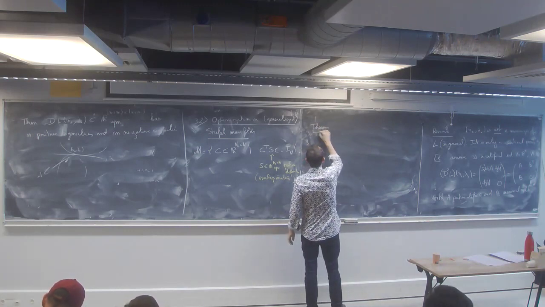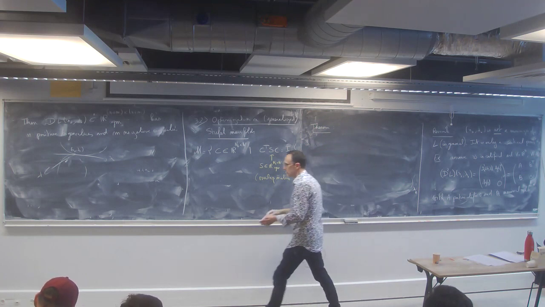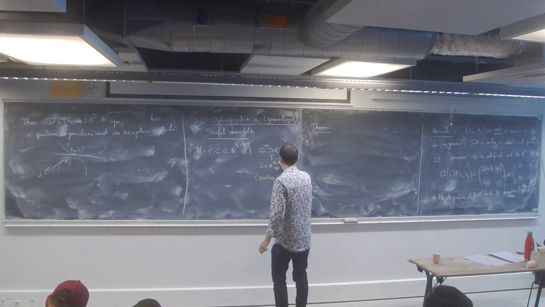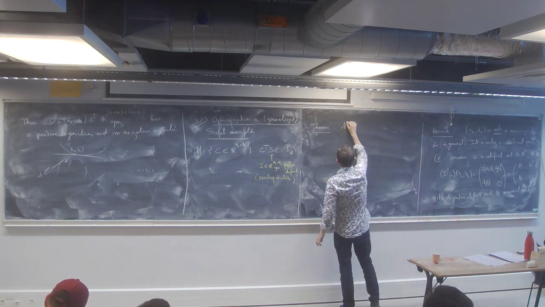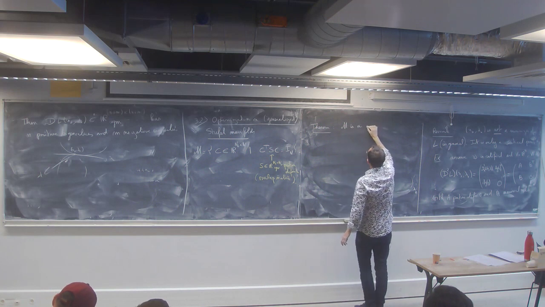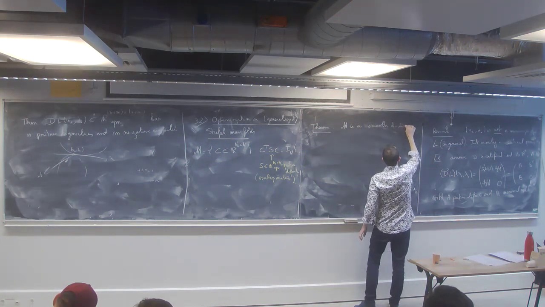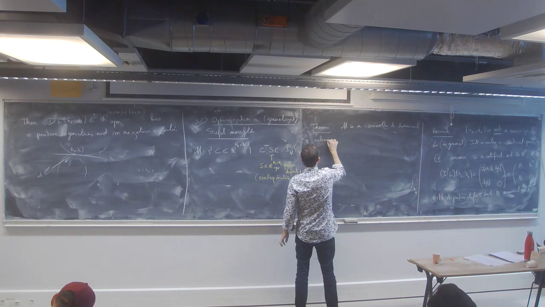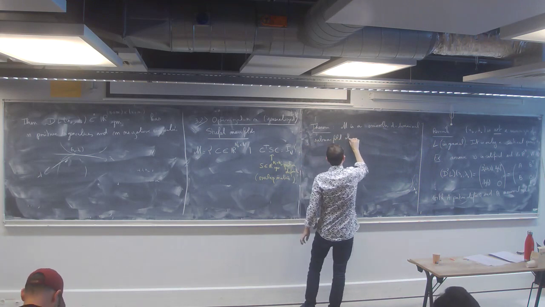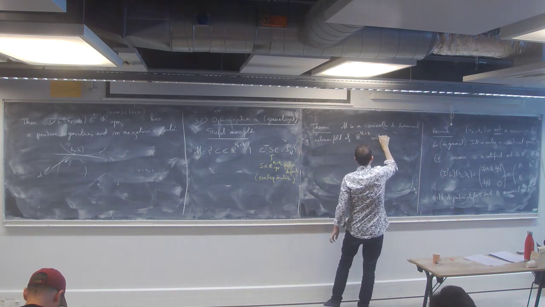Theorem: M is a d-dimensional smooth submanifold of R NB times N.